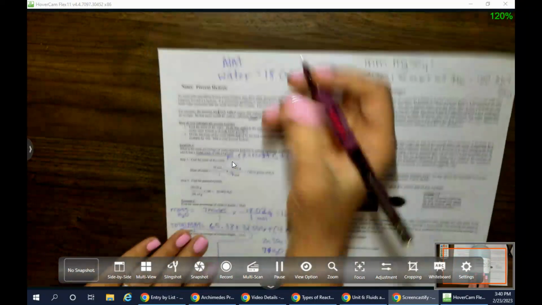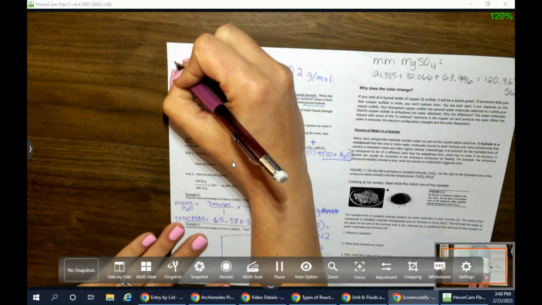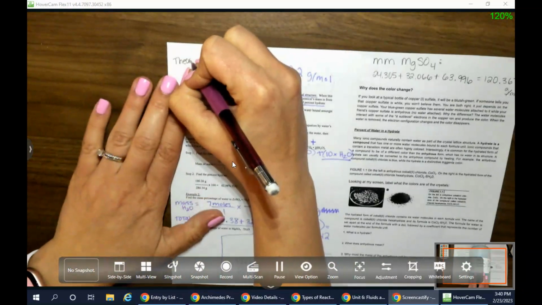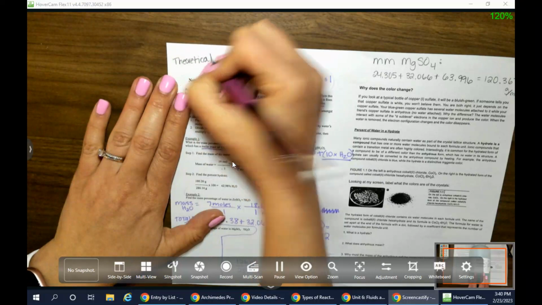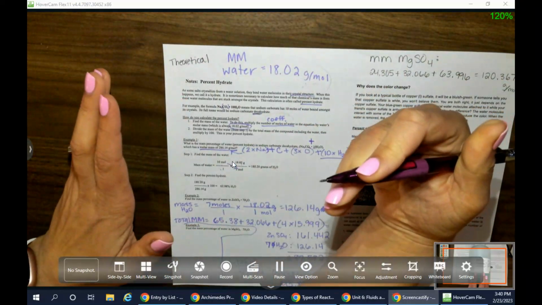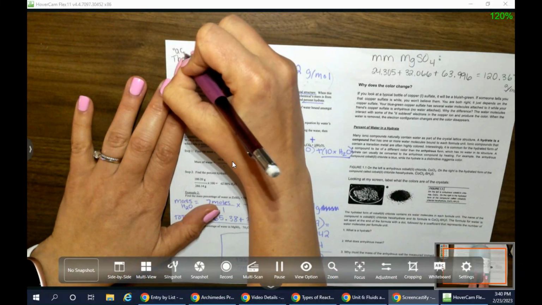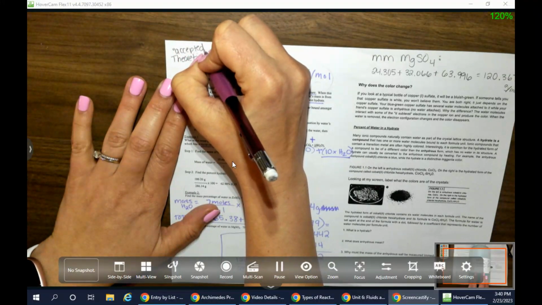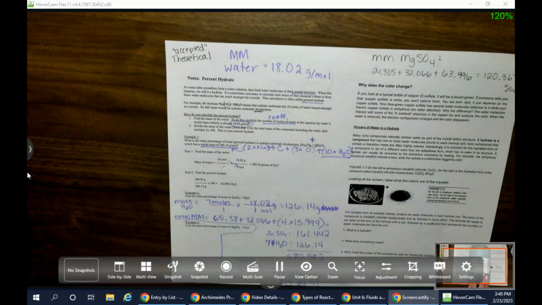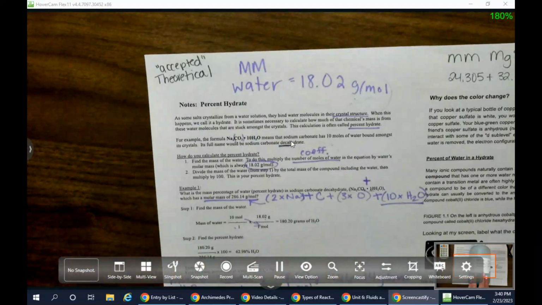Okay. So one thing that I would like you to add to this page is that this process right here, we're calling your theoretical values, or your theoretical way to obtain this percentage. And by that, I mean accepted values, right? Accepted or theoretical. Because in the lab today, you will have a portion where we're going to focus on how to get that percentage now from lab data and from actual numbers that you're measuring, okay?